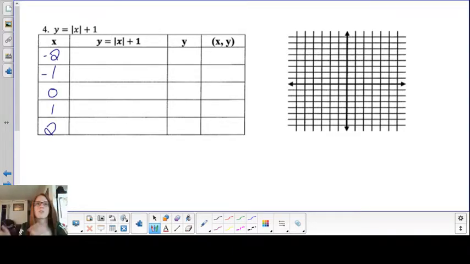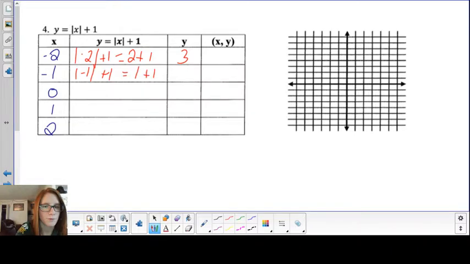Just because I want to be right to the left and right to the right of the graph. Remember, absolute value takes that number and makes it positive, whatever it is. So the absolute value of -2 plus 1 is going to be 2 plus 1, which is 3. So then the absolute value of -1 is 1, and plus 1 is 2.